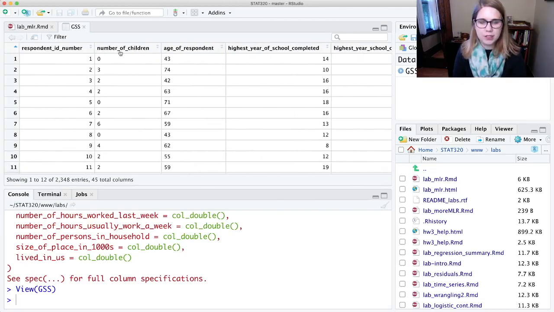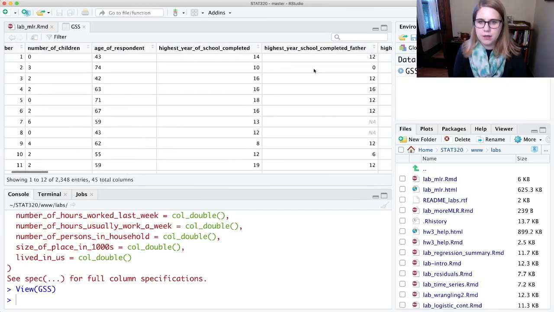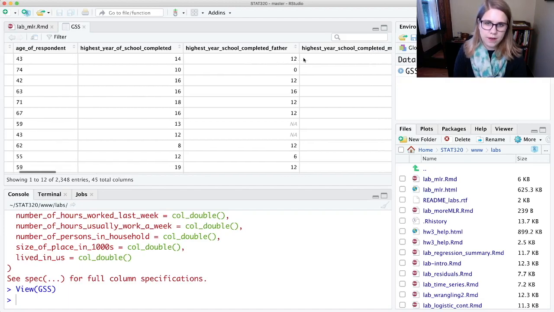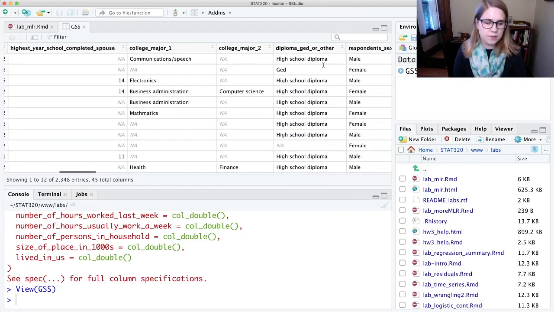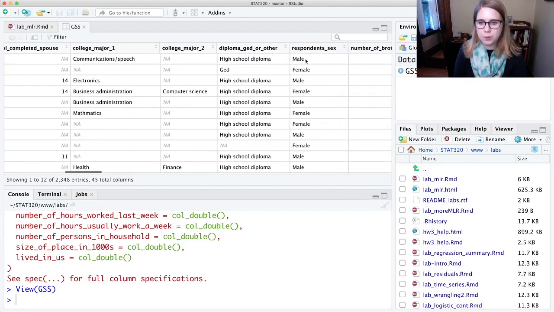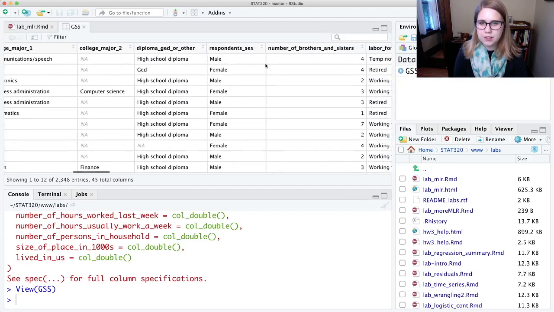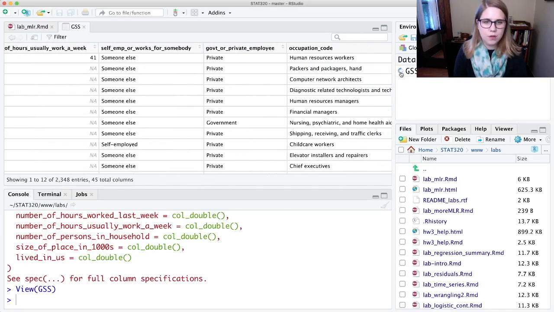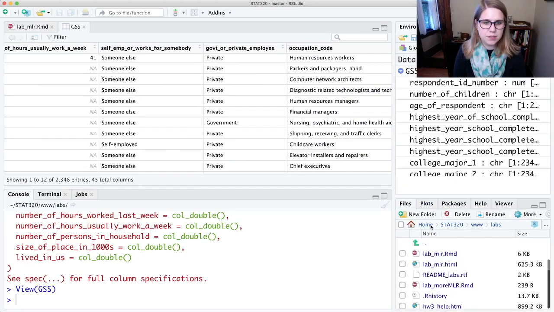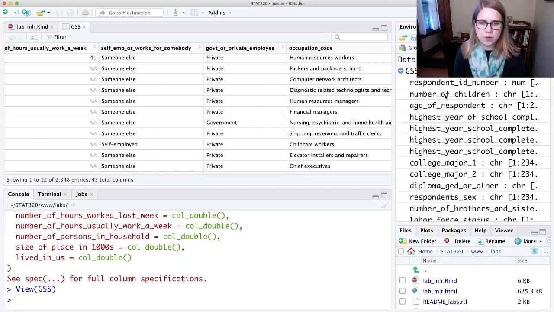It's got information like number of children, age of respondent, highest year of school completed, their father, their mother, their spouse, what their college major was if they went to college, if they got a high school diploma or a GED, their sex, the number of brothers and sisters. So there's just a ton of variables. You could also click the little down arrow to see the variables listed out here. I sometimes do that if I know that it's going to be hard for me to remember how to spell the names of the variables.